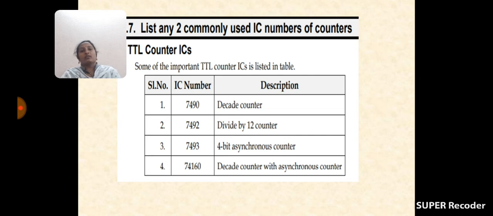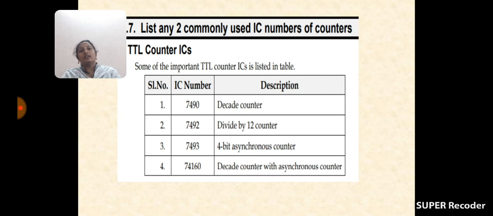So the decade counter is produced with the help of CMOS technology and also TTL technology. In the decade counter, what is the IC number? 7490. And the next IC, 7492, will produce which counter?